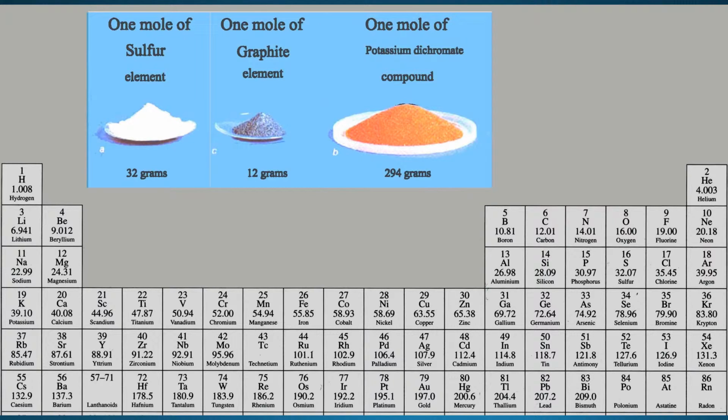And this molar mass relationship is shown on the periodic table. As we said earlier, we take hydrogen as 1, and we measure carbon as 12, or we measure oxygen as 16.